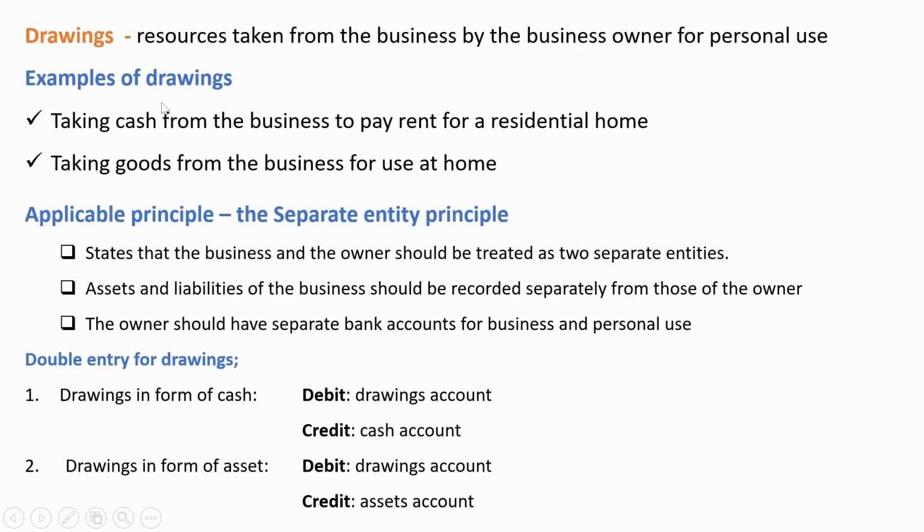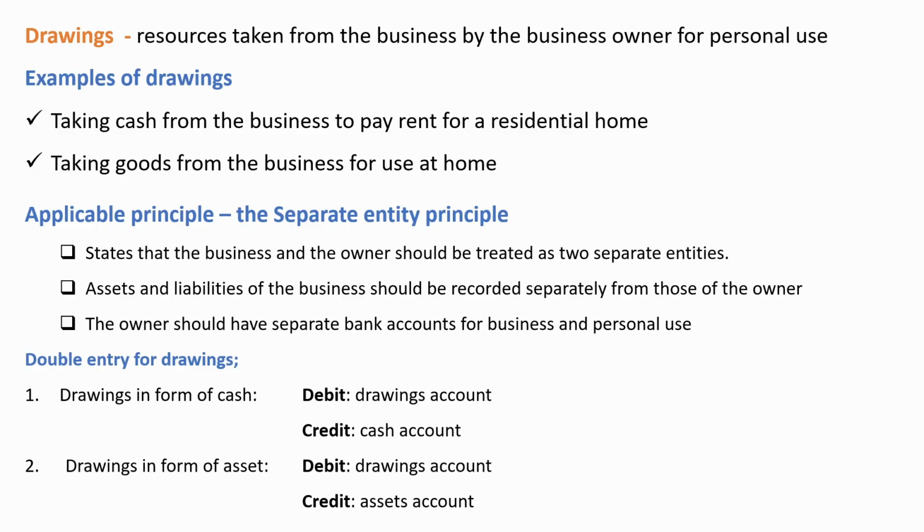We have examples of drawings here. Taking cash from the business to pay rent for a residential home. If you are paying rent for the business premises, that is not a drawing. Instead, we call it an expense.